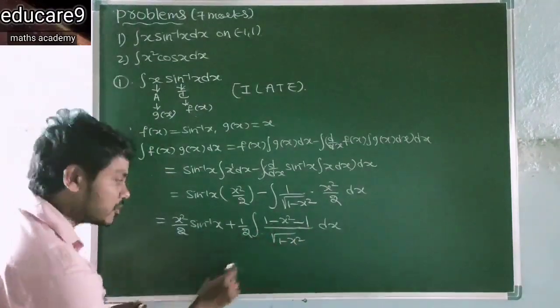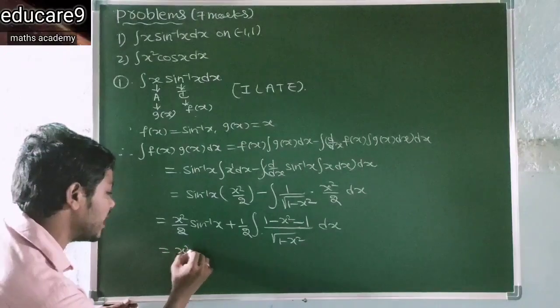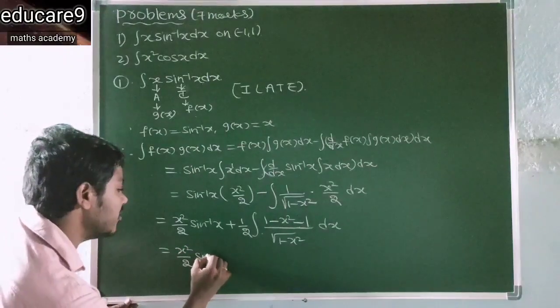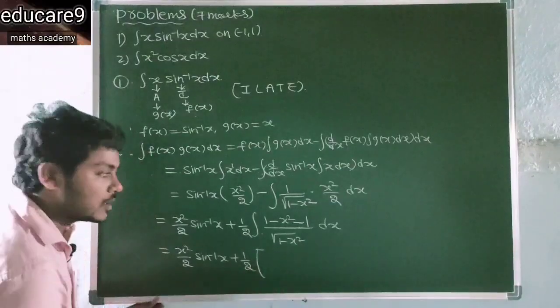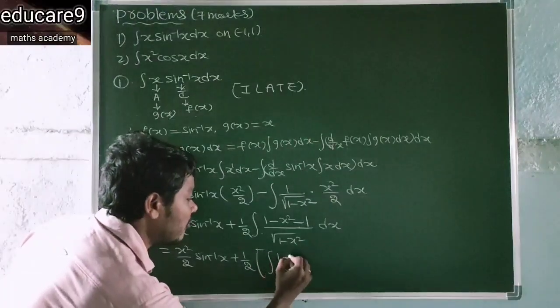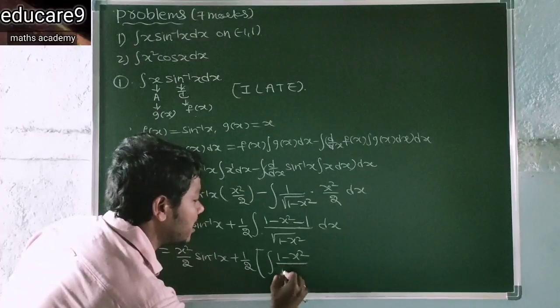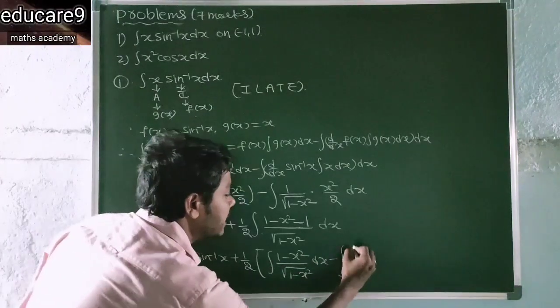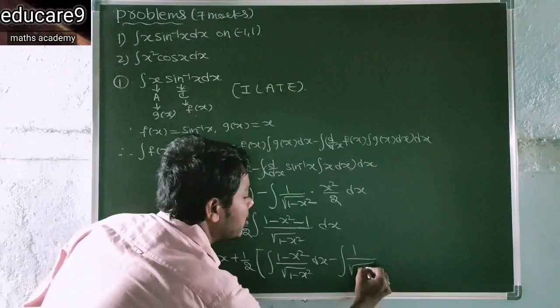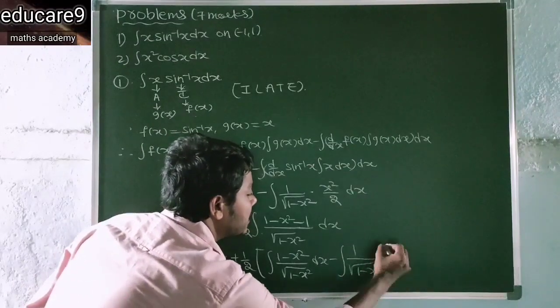Now separate the terms. What you get? X square by 2 sin inverse x plus 1 by 2 into integration of 1 minus x square by under root 1 minus x square dx minus integration of 1 by under root of 1 minus x square dx.